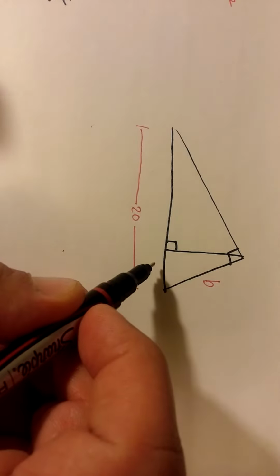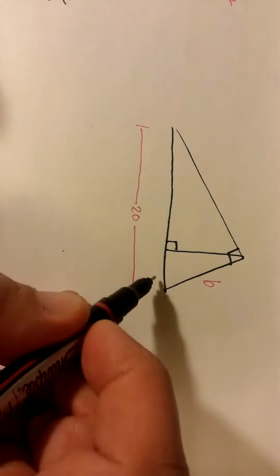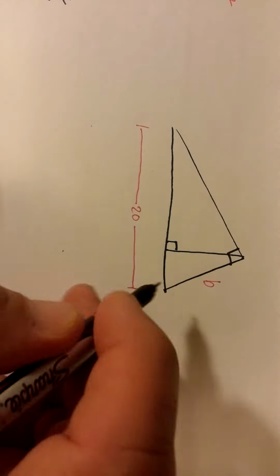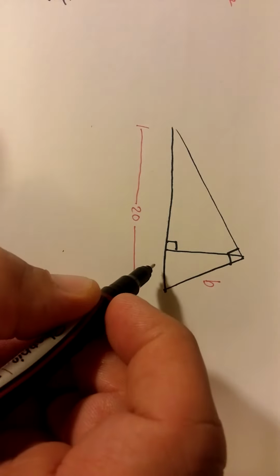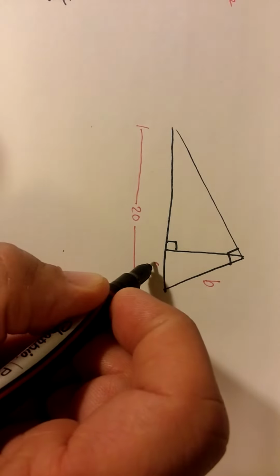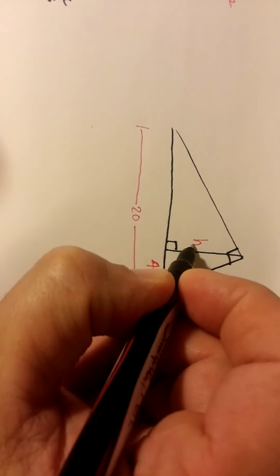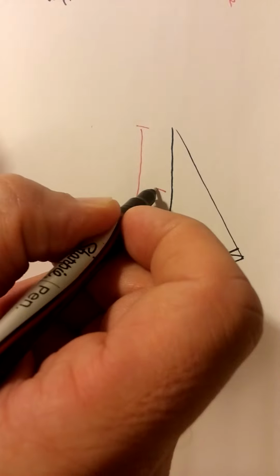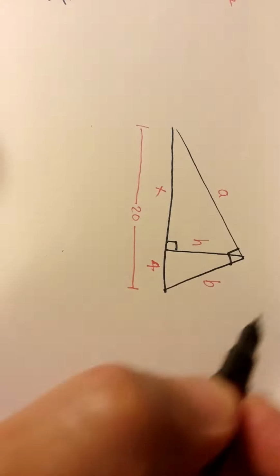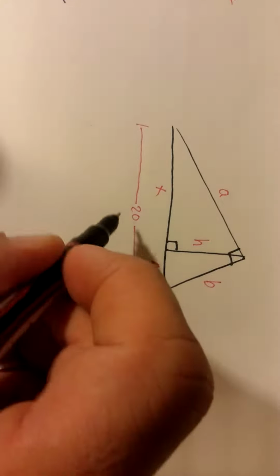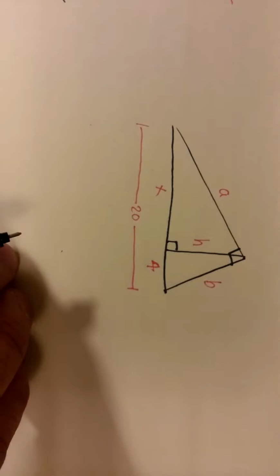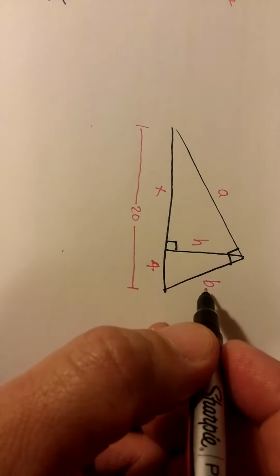And let's say that we know that this little line segment is, let's say, 4. And then let's just mark everything else the way we know it was. So we'll call that A, B, big C, small c. And we wanted to find the length of B.